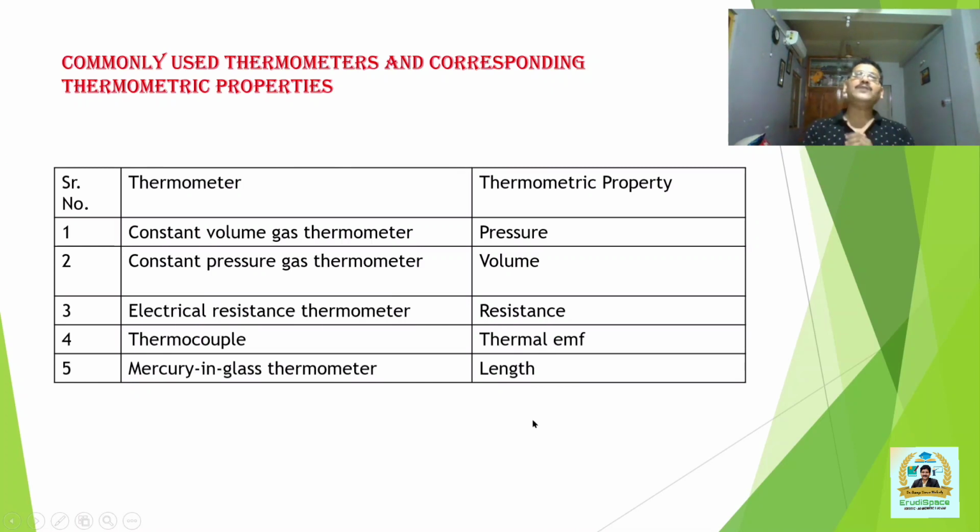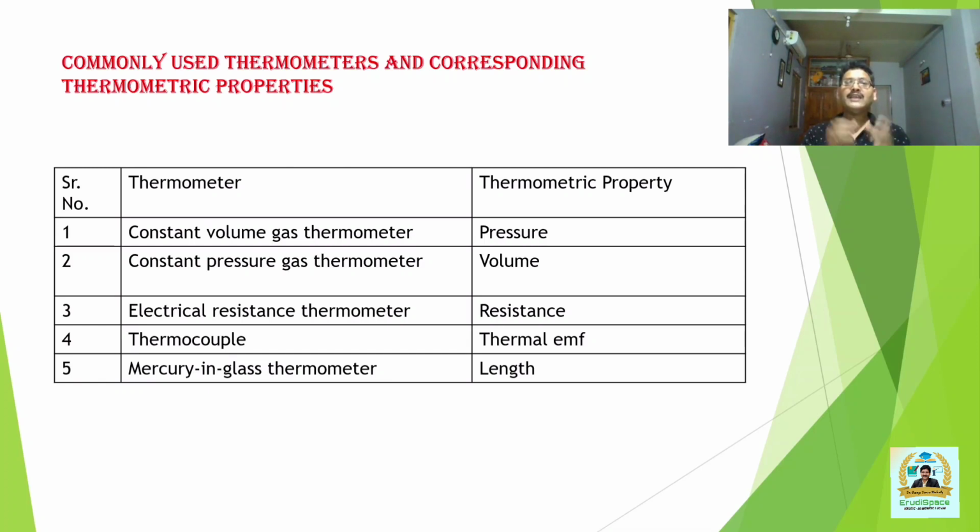So to be proper, if I take the example of the mercury in glass thermometer, which is the most commonly used thermometer, and all of us are acquainted with this type of thermometer. Here what we do, we take mercury as a thermometric fluid, and mercury has a very high coefficient of thermal expansion. We know that whenever any substance is subjected to heat, it undergoes expansion.